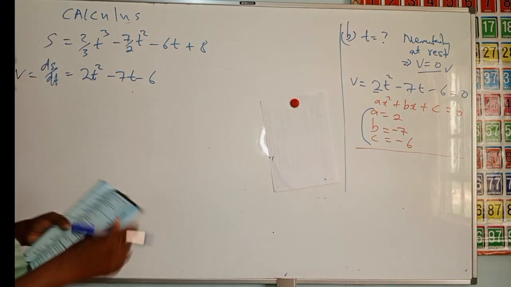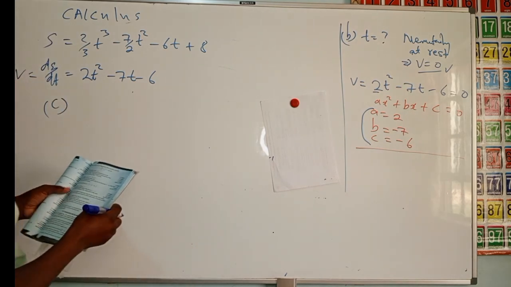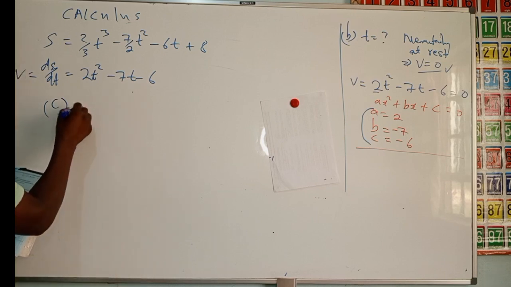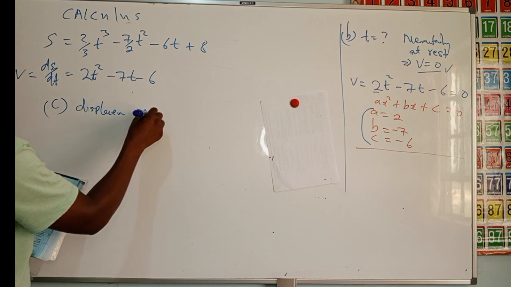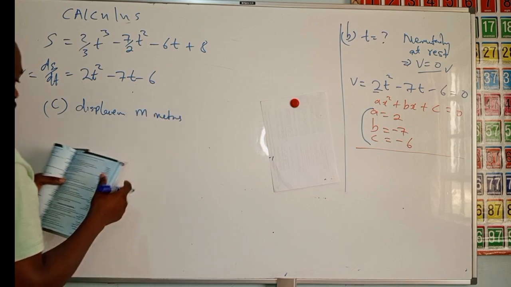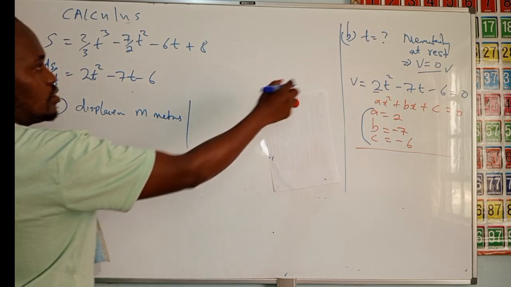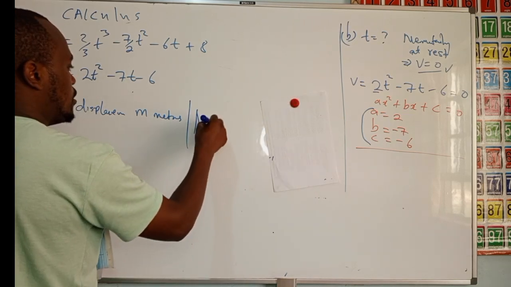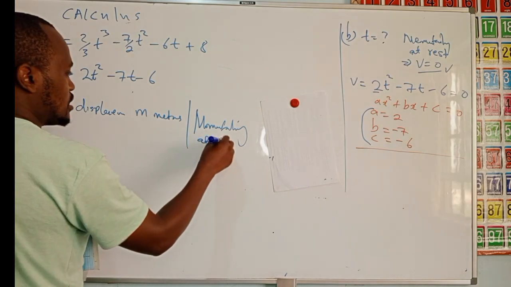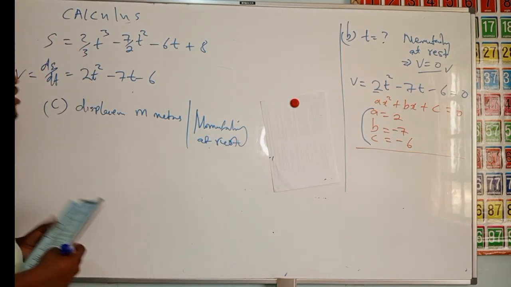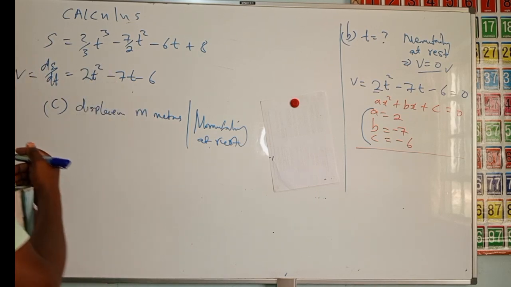So this question, part C, asks: what is the displacement in meters when the particle is momentarily at rest? The previous question, part B, was asking the time when the particle is momentarily at rest.